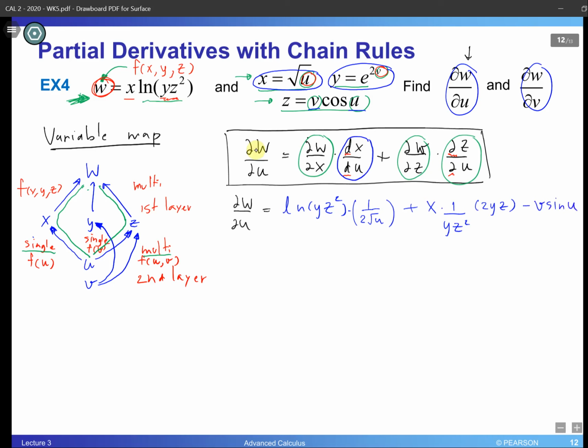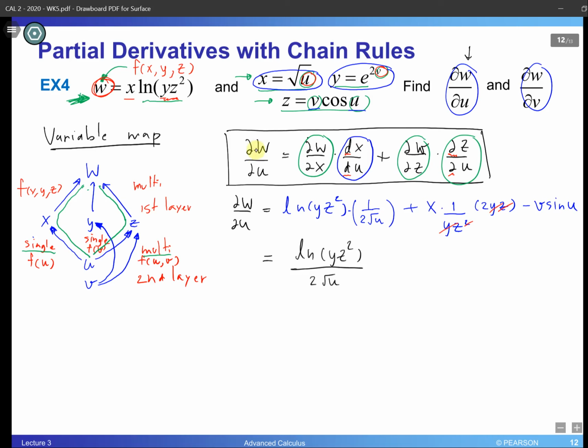This is going to be equal to, by the way, we can cancel some terms here. Z square right here to this one, and y right here to this y. So in the end, we have this ln of y z square divided by 2 square root of u.